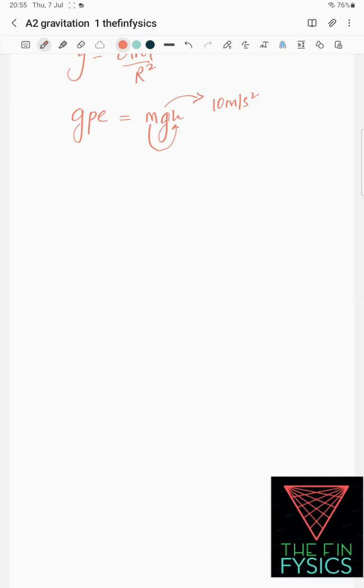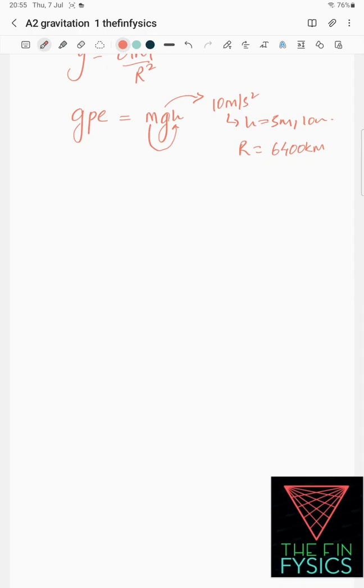The only reason it was treated as a constant is because the height to which you raised an object was very small compared to the radius of the earth. Radius of the earth is around 6,400 kilometer, and this h that was given to you was 5 meter, 10 meter and so on. Very small compared to the radius.